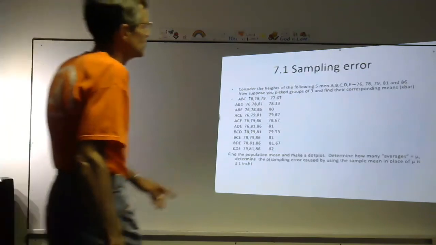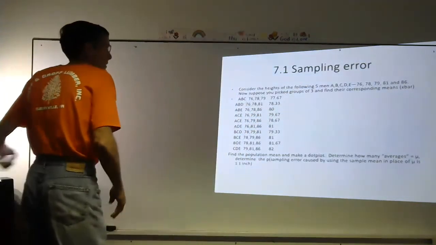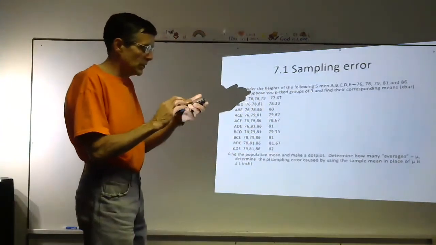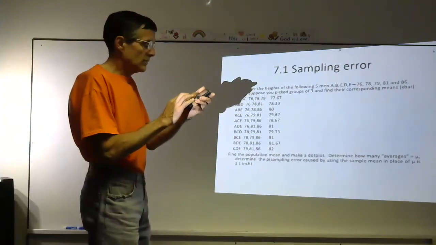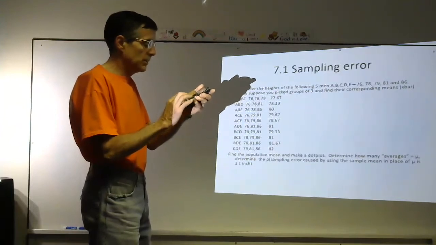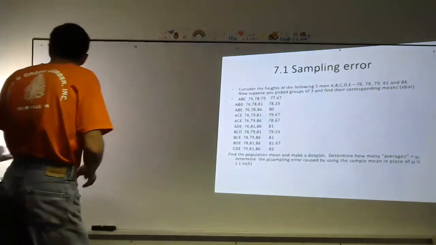Suppose you have a group of 5 men. Here are their heights. Let's find the population mean of their heights. So I'm going to take 76 plus 78 plus 79 plus 81 plus 86 and divide by 5, and I get 80.